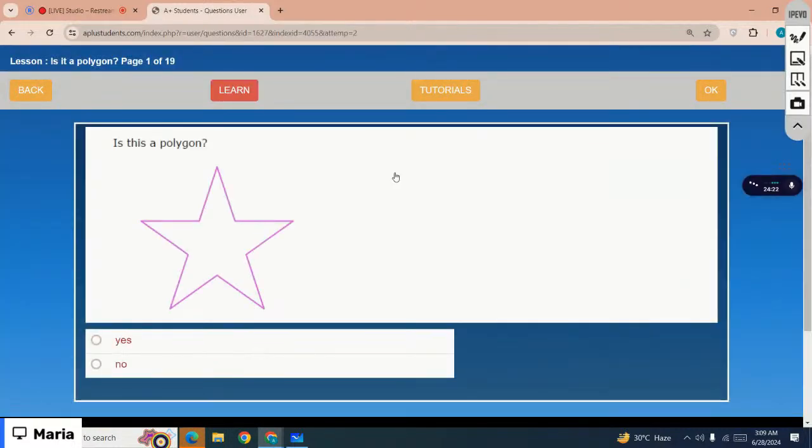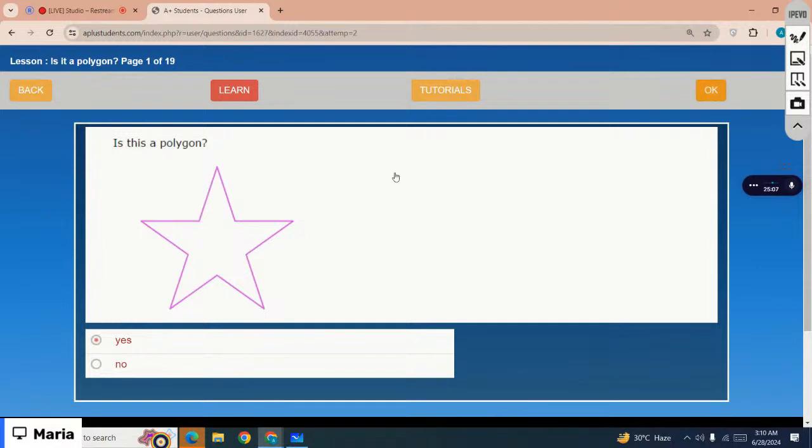Is this a polygon, which is the correct option? The correct option is yes, it is a polygon, right?